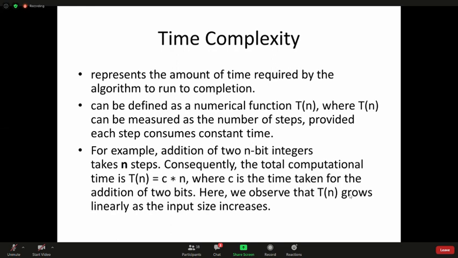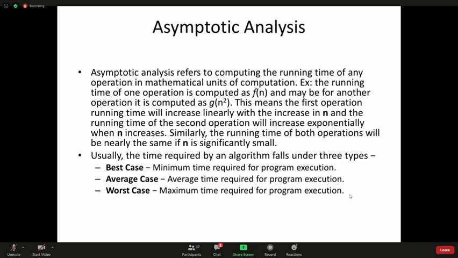As an example, there are n number of steps. Consequently, the total computational time is given by T(n) equals c times n. Then c is the time taken for the addition of 2 bits. Then we observe that T(n) grows linearly as the input size increases.